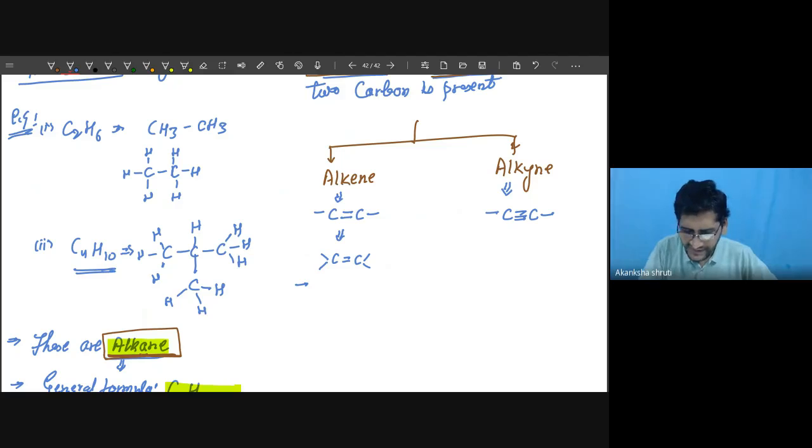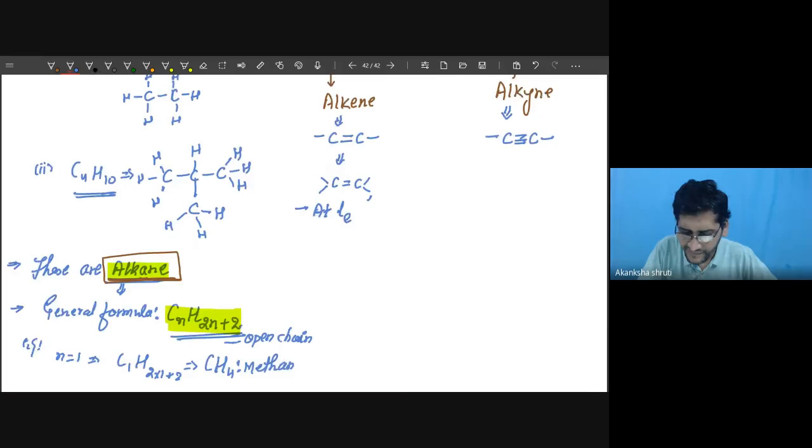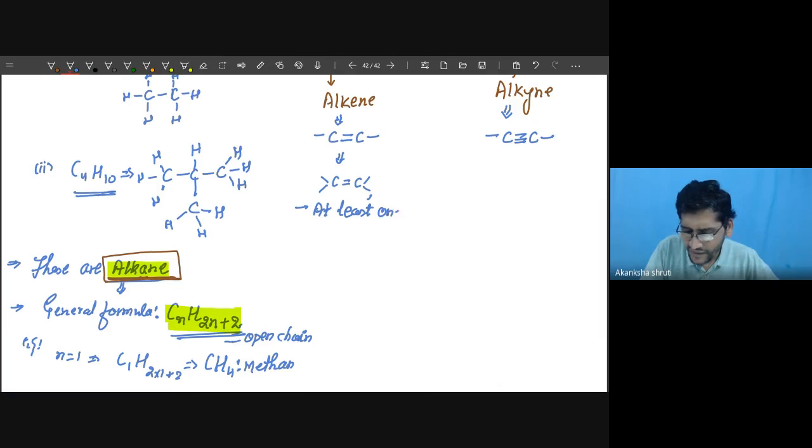So alkene must contain at least one carbon-carbon double bond. Do not think this is a single bond, it is just written as carbon dash carbon.